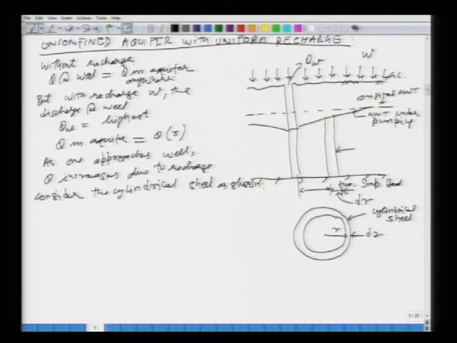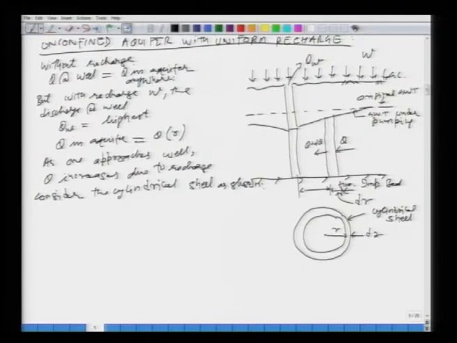If we do that, then if you look here, the discharge at this location is, let us say, Q, and as we approach the well, Q is increasing. Let us say the discharge as we come out of this strip is Q plus dQ. dQ is the flow which is taking place due to the recharge that is coming in from the top.